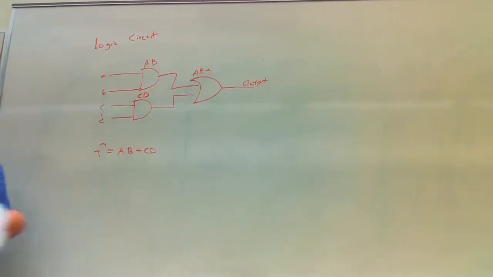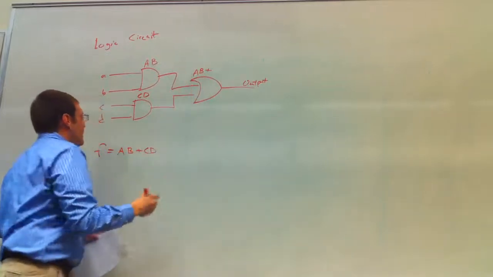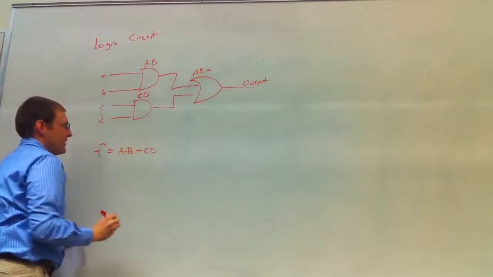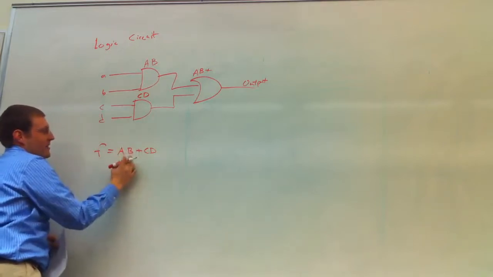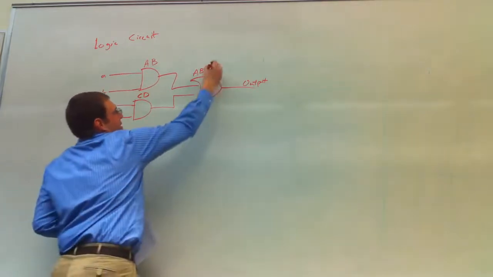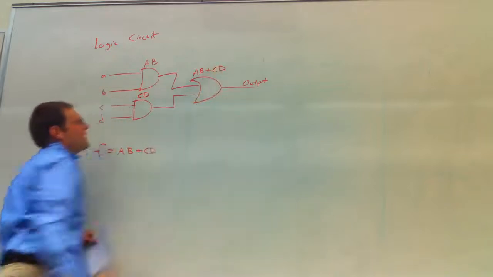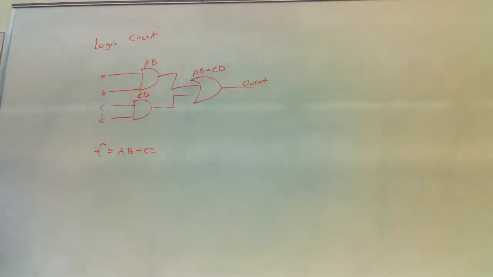I can put a dot in here for the AND, but I'm just going to leave it without the dots. So A and B, or C and D. Basically, that's my function of the circuit.